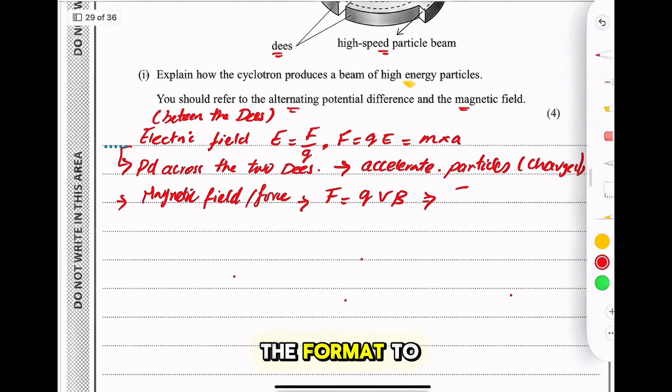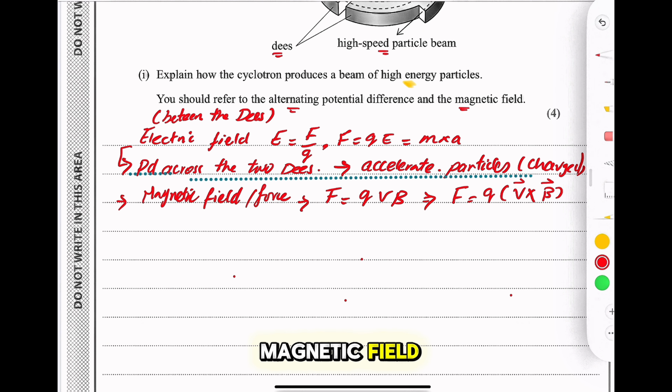If you change the formula to F equals Q(v cross B), it means we have two vector quantities, the velocity and the magnetic field, and they make an angle between them of 90 degrees, or they are perpendicular to each other.